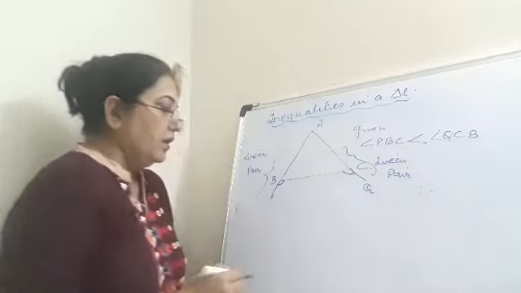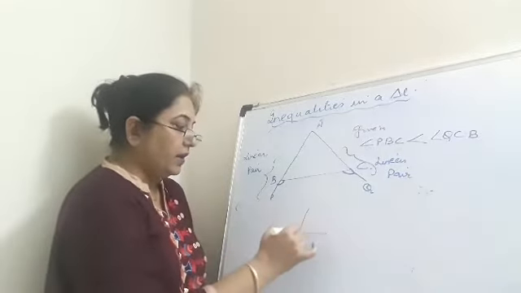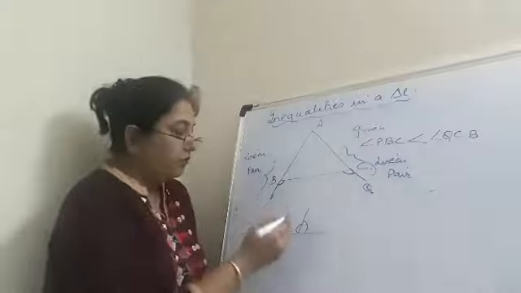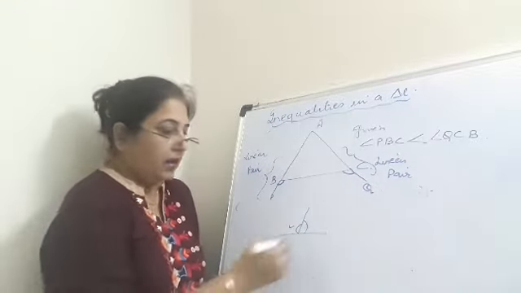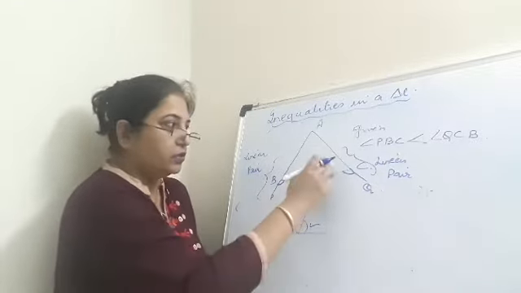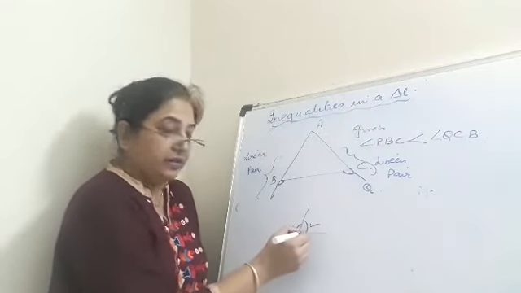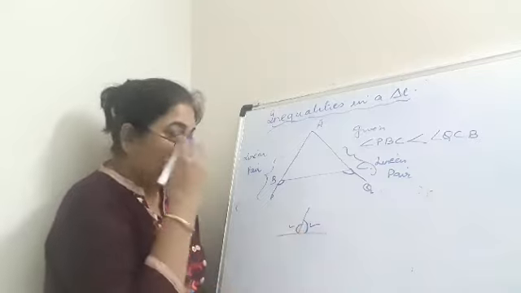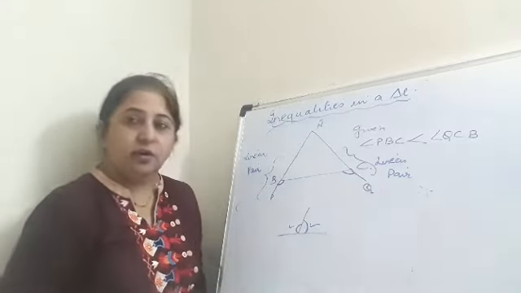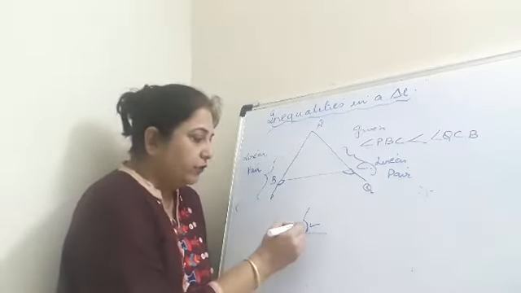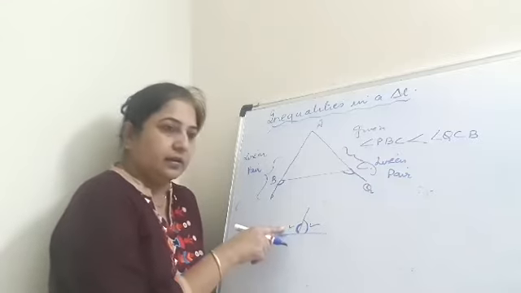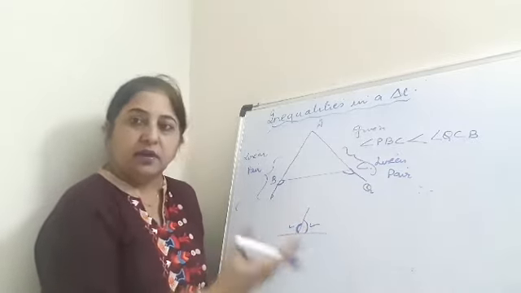Yes, children? Now remember one more thing in a linear pair, there are two angles. Here also we have two angles. If one is smaller, the other is greater. You have studied this in your previous class, if you remember, that if you keep on decreasing one angle, the other one keeps on increasing.